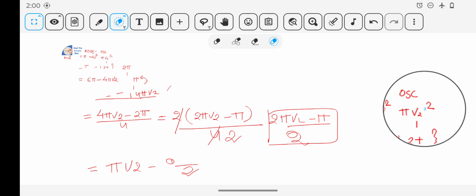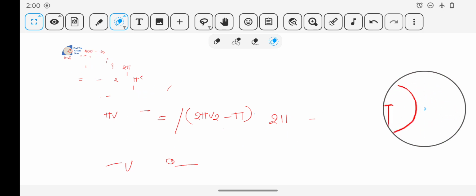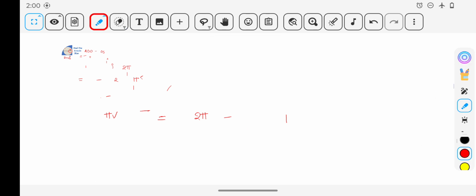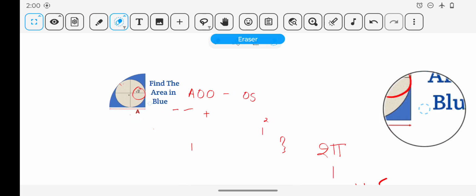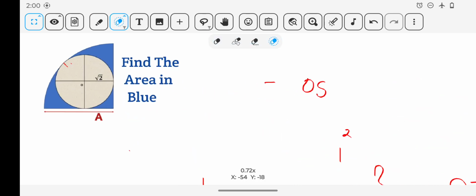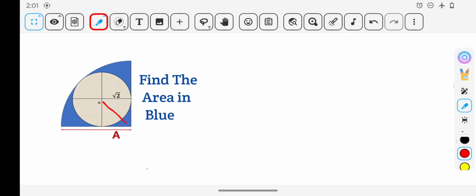So this was our question. Let me revise it properly so that you can understand it once more. We extended this and called it x. We knew that this is root 2.